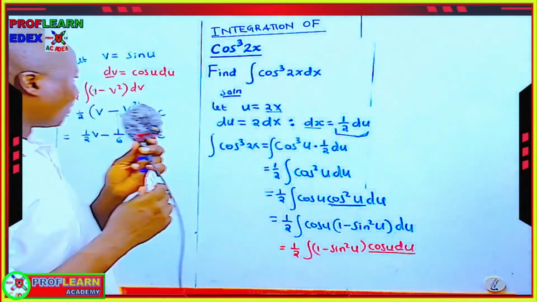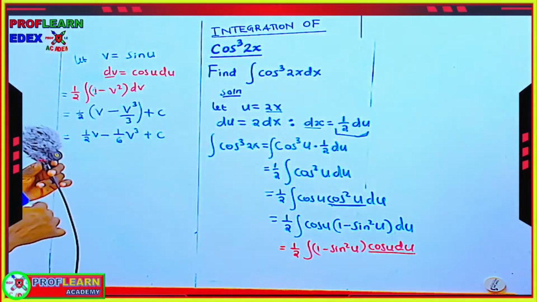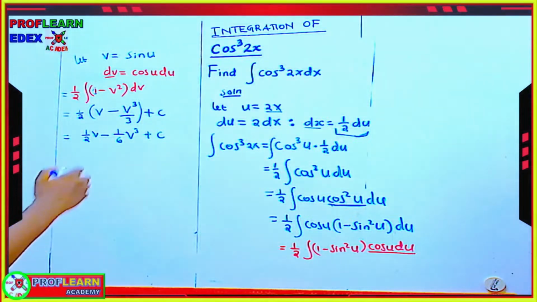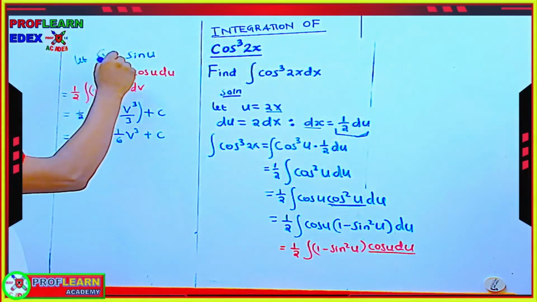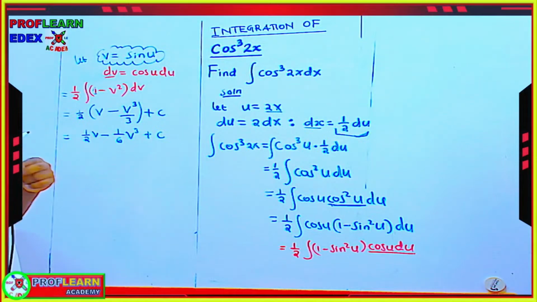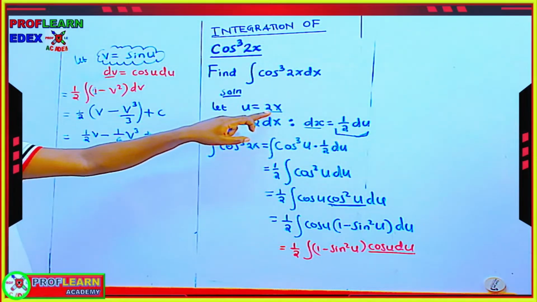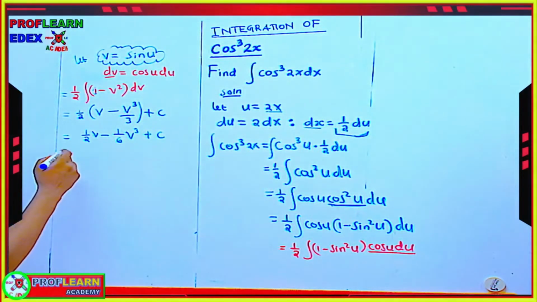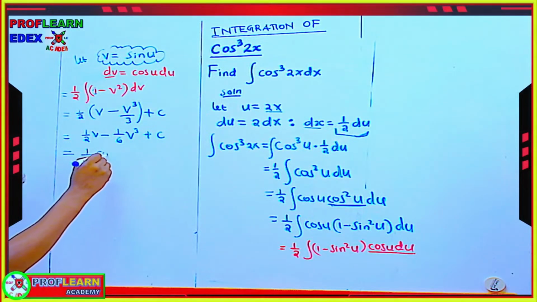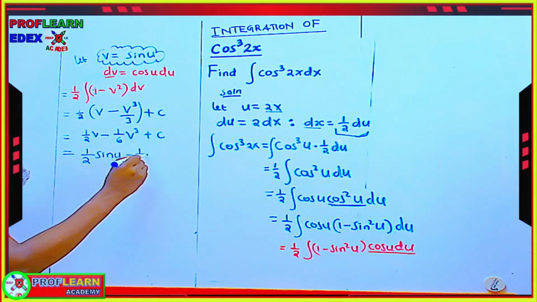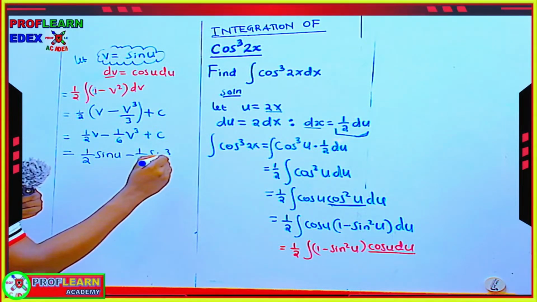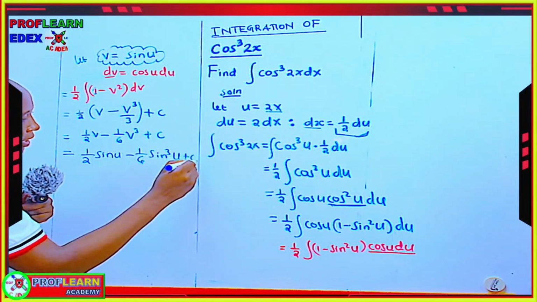We remember that v was sine u, and u was 2x. So this will be 1 over 2 sine u minus 1 over 6 sine cubed u plus c.